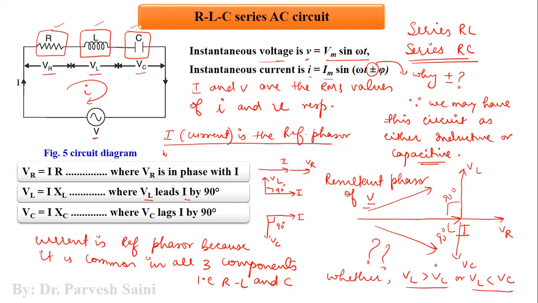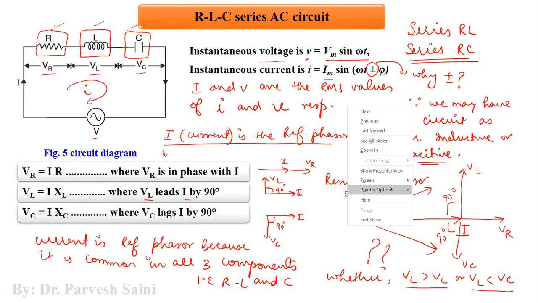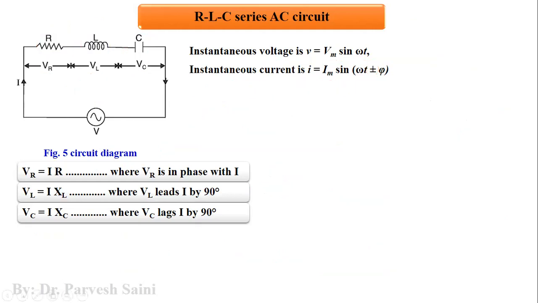If capacitor dominates, then the resultant phasor of the voltage would be on the lower side. So let us see this one. Now let us draw the phasor diagram of this circuit.